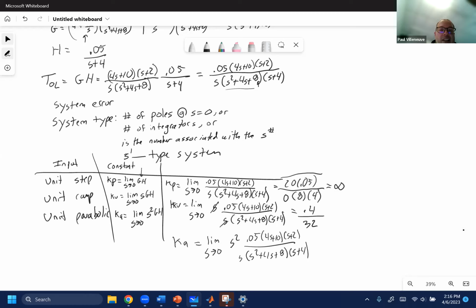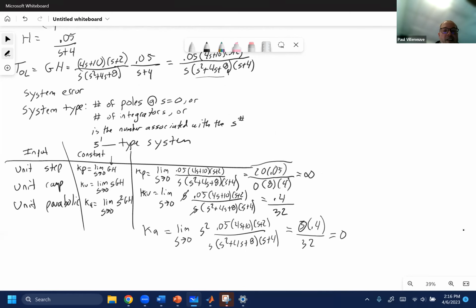When I cancel everything out, I'm only going to be able to cancel out one of the s terms in the s squared term. So I end up with s times 0.4 over 32. As s approaches 0, this term goes to 0. So that is going to be equal to 0. So the only number that is non-zero or non-infinity is for a unit ramp.